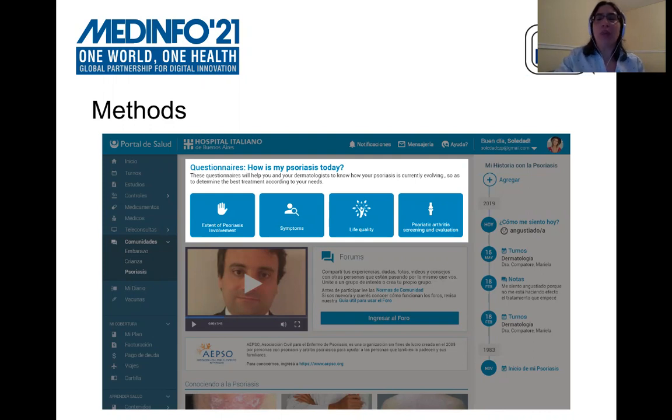We use pre-specified thresholds to identify altered questionnaire scores according to the literature. Also, online versions of the questionnaire were designed to be introduced in the online community. Each questionnaire can be filled by the patients once a week, and dermatologists create rules to suggest in-person follow-up based on questionnaire results.